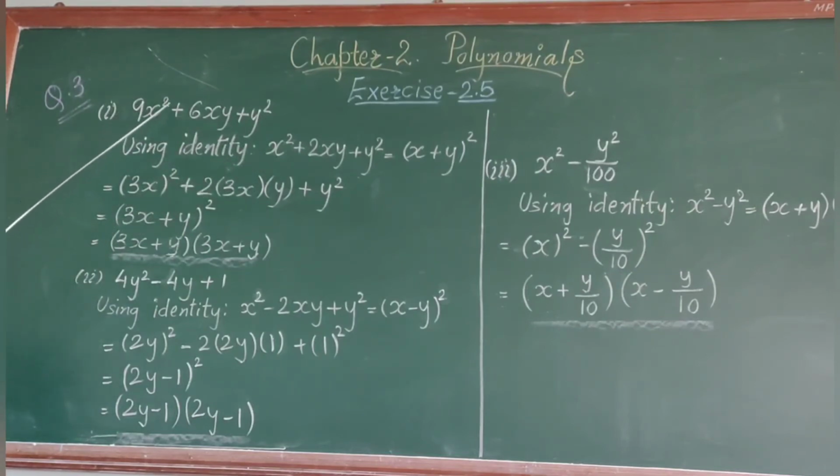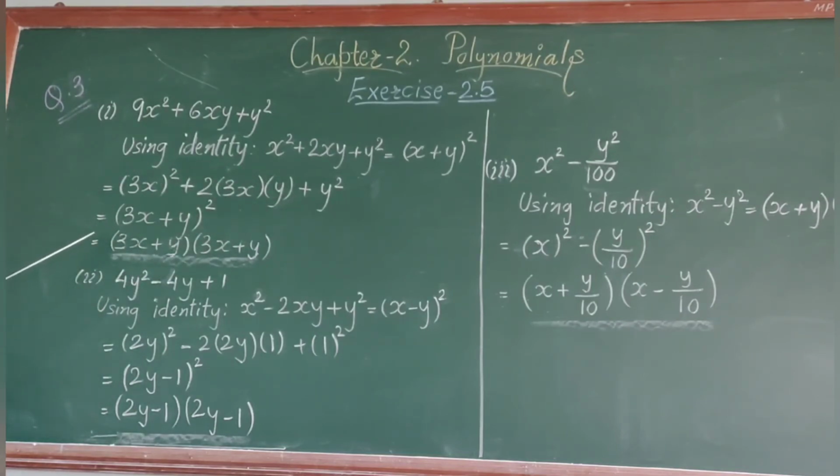Now 9 is the square of 3 and x square is the square of x. So we get (3x) whole square, plus 2 into xy. So the x value we are getting is 3x, 2 into 3x. Now y square is the square of y. So we get y as y only, into y, plus y whole square.